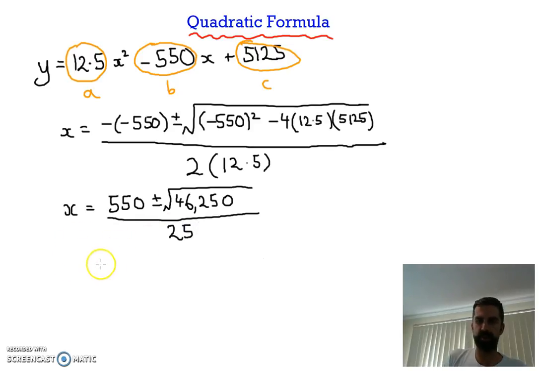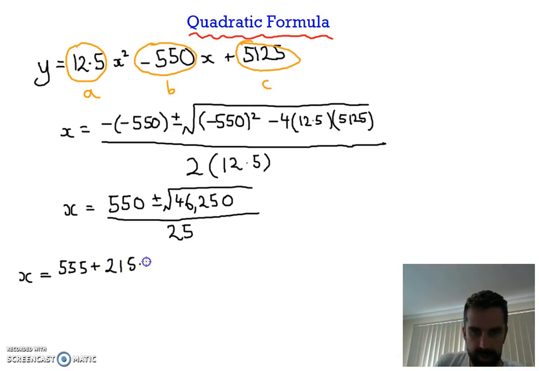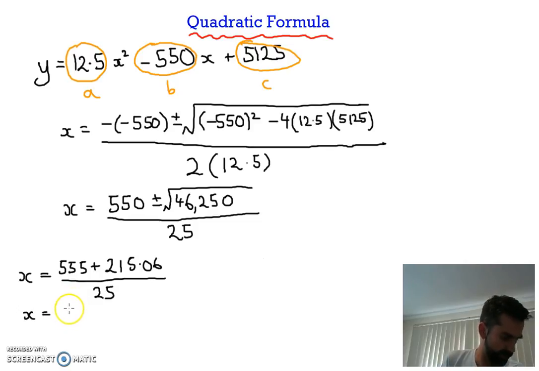So I've got two possible solutions because I've got plus and minus. The first one is where we do 550 plus the square root of 46,250, which is 215.06, and then I divide my answer by 25.